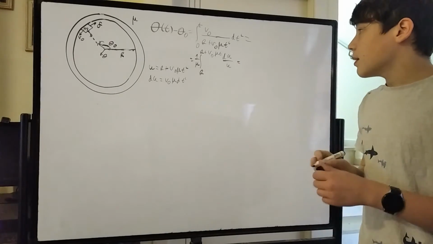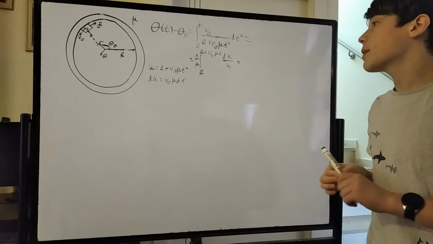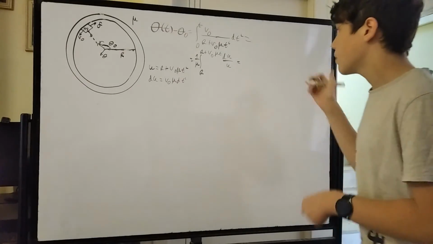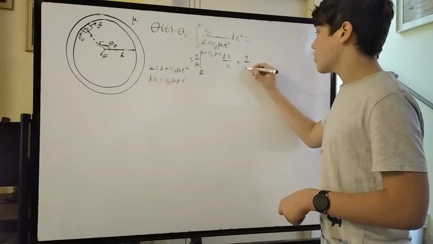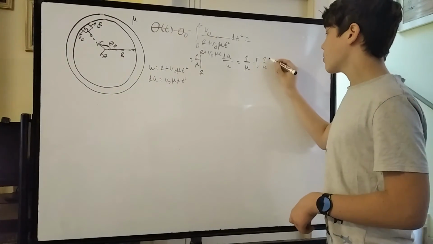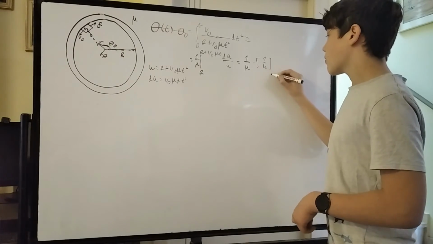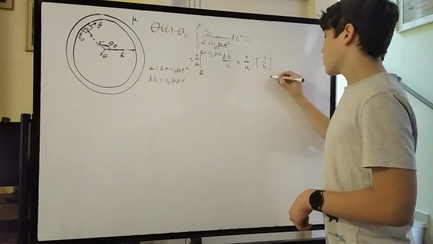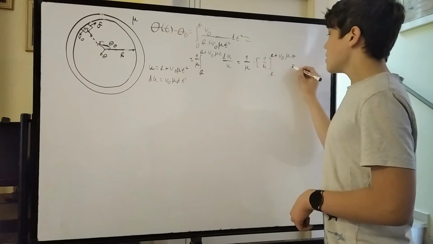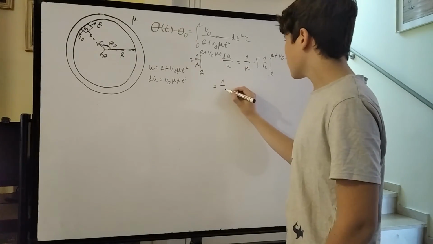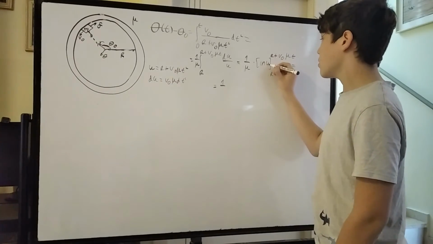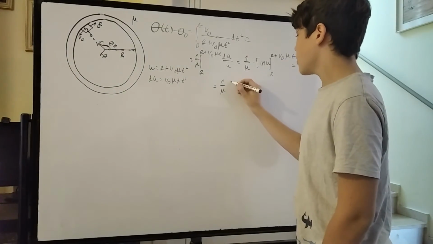Now this is going to be natural log of the absolute value of u, but because everything here is positive, this is just going to be natural log of u. 1 over mu times natural log of u, from r to r plus v0 mu t.